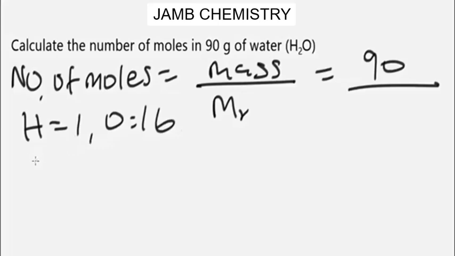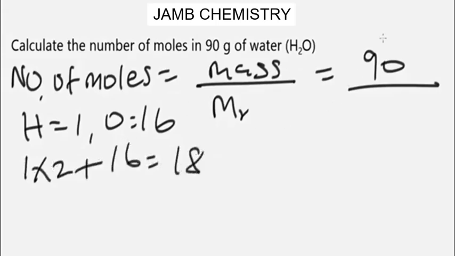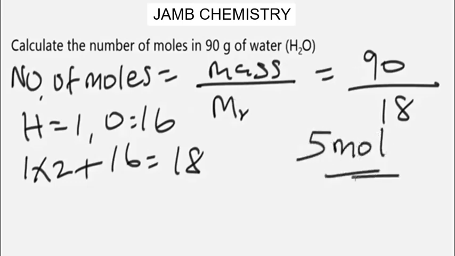We have 2 atoms of hydrogen, which is 1 times 2, plus 1 atom of oxygen, 16. This will give us 18. So we have 90 over 18, which simplifies to 5. So we have 5 moles. This will be the answer to this question. Now note that mol here is the symbol or short form for moles, so don't be confused with it.